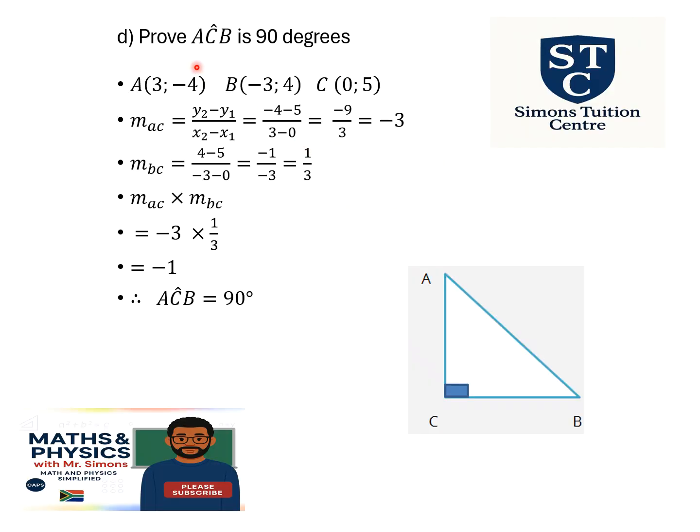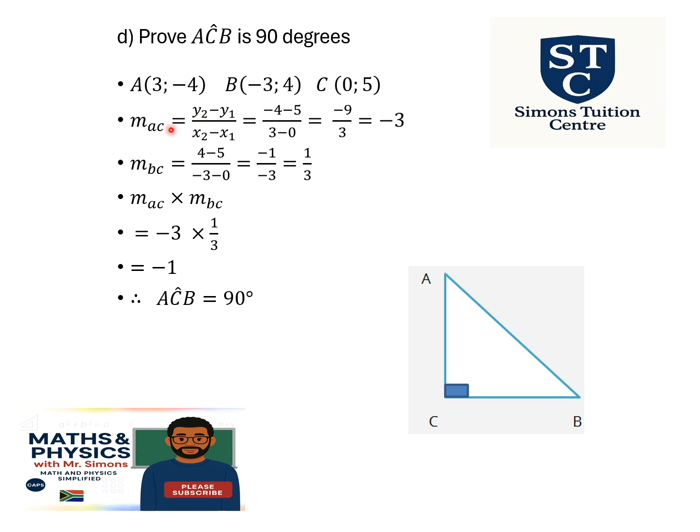Now prove ACB is 90 degrees. So we had A as (3; -4). We had B that we found as (-3; 4). And we had C equals (0; 5). So if I work out the gradient of AC, it's y2 minus y1 over x2 minus x1.